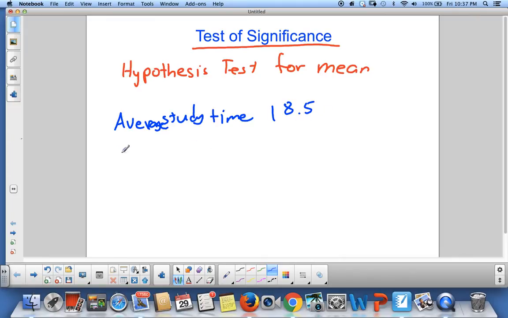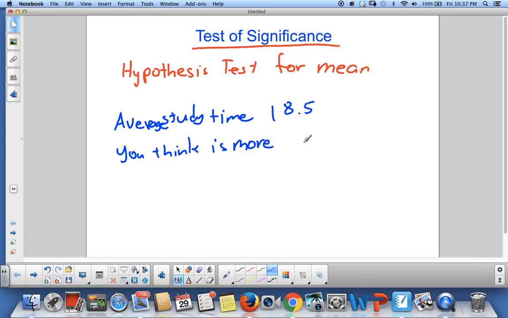And you think it's a little higher. You think the true value is higher, because maybe you know some people there, 4 or 5 people, and they all say they study 20, 25 hours a week. And why are they saying the average is this? So you kind of want to do some kind of testing.